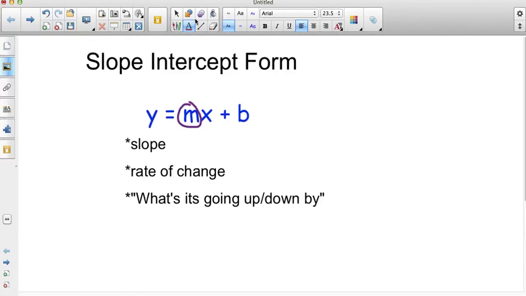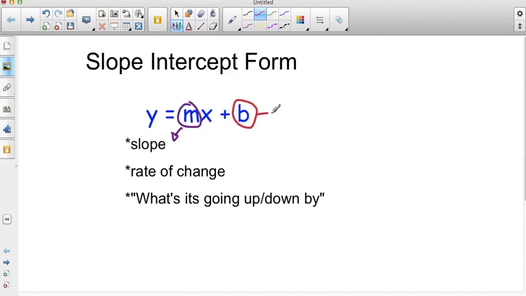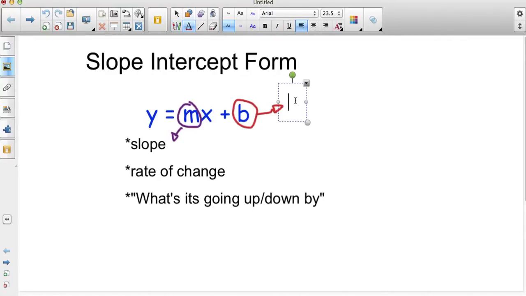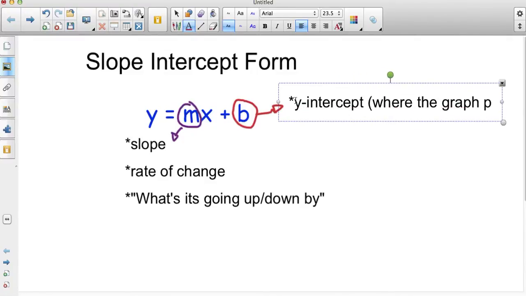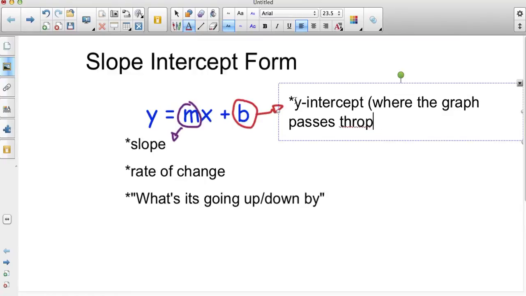The b then, so this is your m. Your b over here is known as your y-intercept. Y-intercept is the place at which the graph passes through the y-axis.